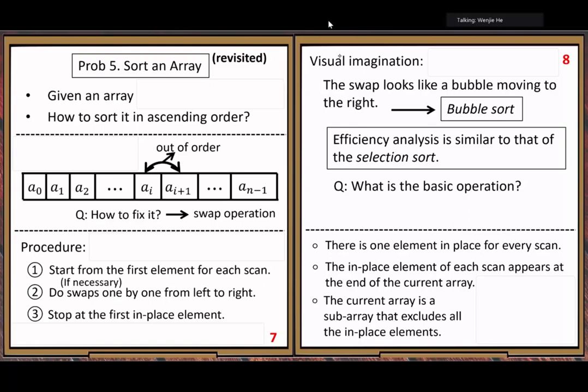Comparison and swap, which one is more fundamental? Comparison, not swap. Because if there is no inversion, we do not do a swap. But if there is no inversion, do we still need to do comparison? Yes. So that's why comparison is more fundamental. All right, that's it.